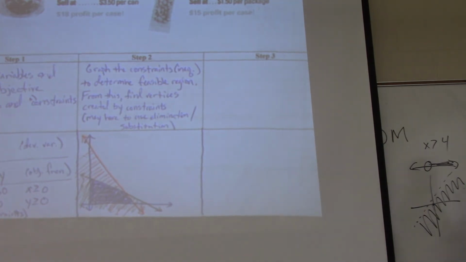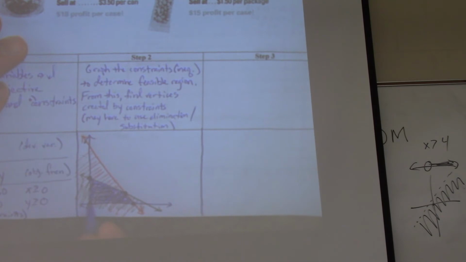Okay? And from there, I need to find the vertices. So this is the graph, of course. The vertices are right here. Maybe put a dot where those 2 lines intersect. Right here, where the x-axis intersects that line. Right here, where the y-axis intersects that line.